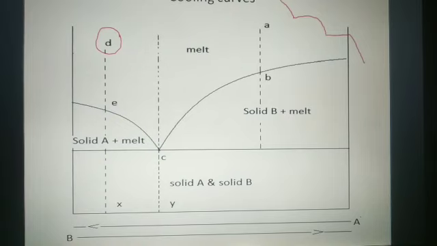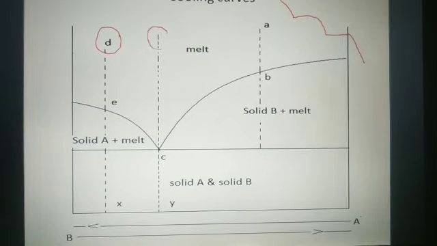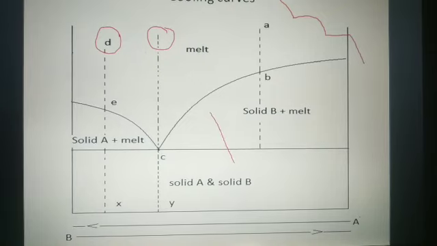Now suppose we want to cool a composition which belongs to this particular composition. See here, it is right over the head of the eutectic point. As you cool, nothing will separate out until the point C is reached. So there is a sharp decrease in the temperature up to the time we reach the point C. At C, what happens?